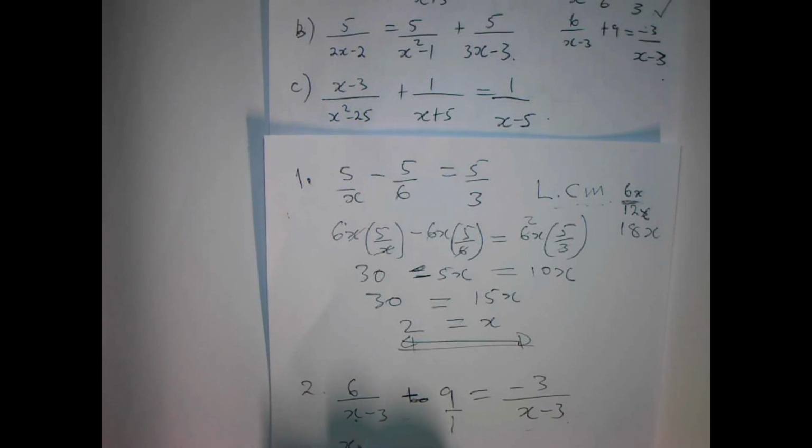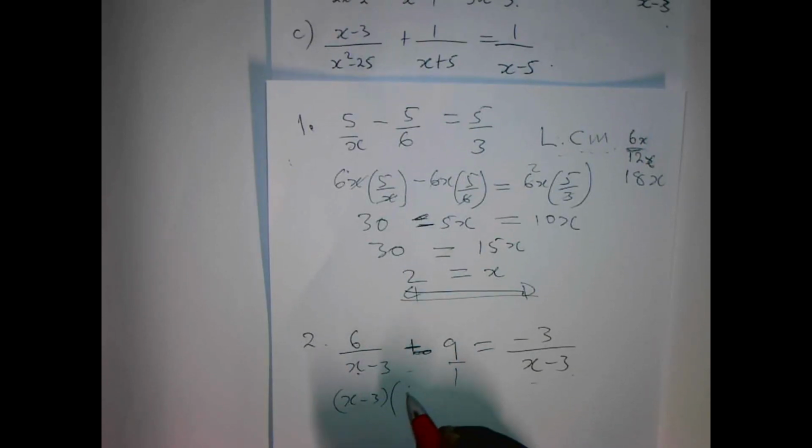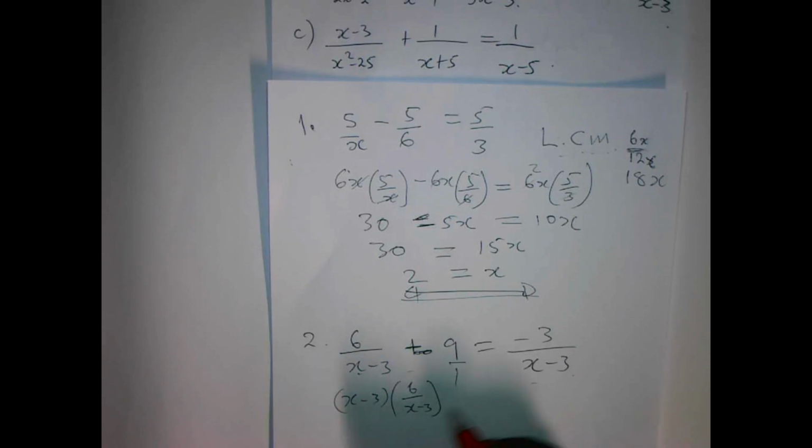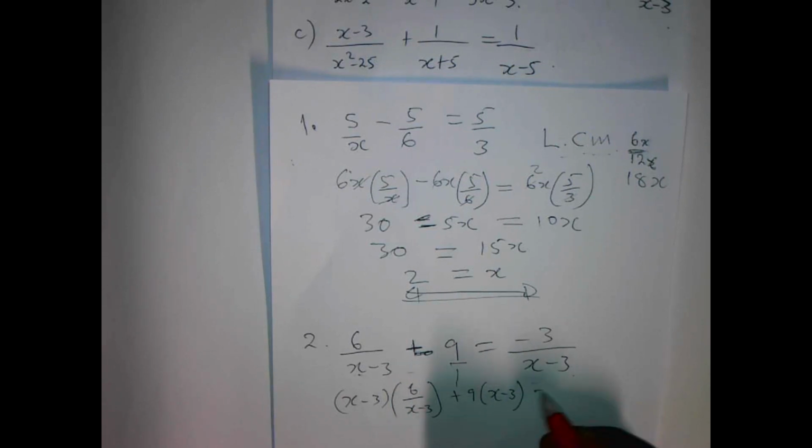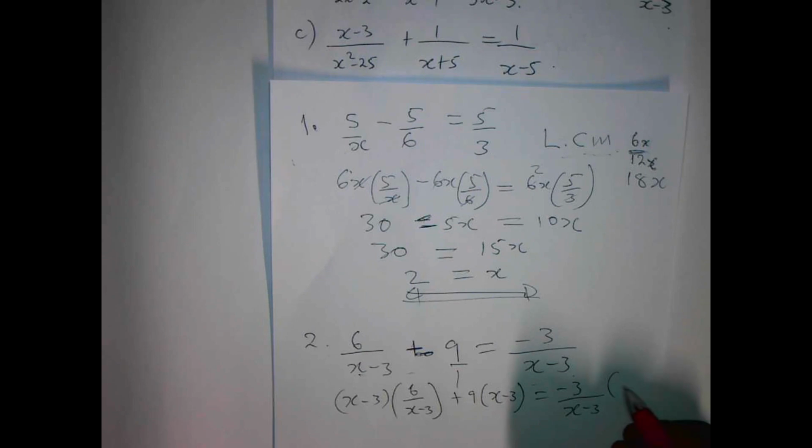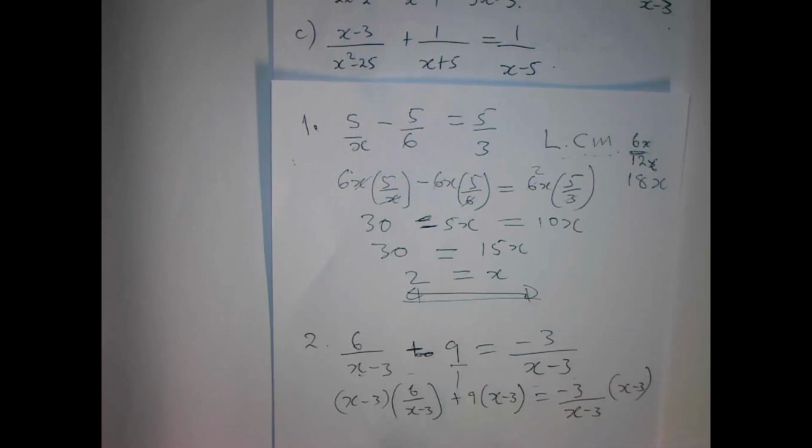So we'll have x minus 3 multiplied by 6 over x minus 3 plus 9 multiplied by x minus 3 is equal to minus 3 over x minus 3 multiplied by x minus 3.